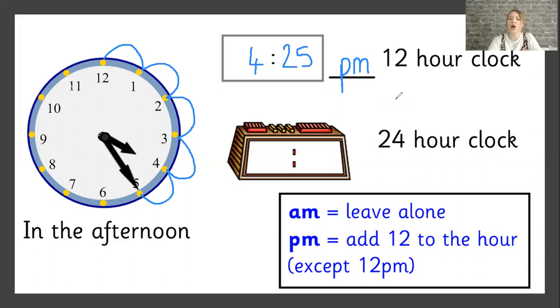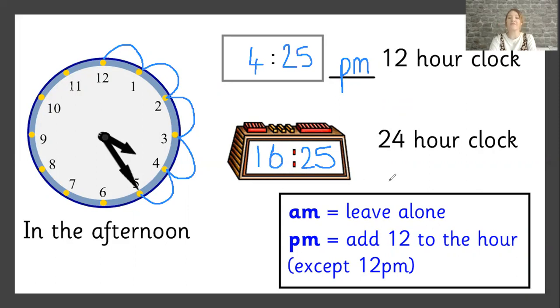Okay, so 12-hour clock, remember our rule, the minutes always stay the same. So put the minutes in first because they always stay the same. But 4, we need to add 12, don't we? Because it's PM. So 4 add 12 is 16. So our 16 goes in the first box, so 16, 25.